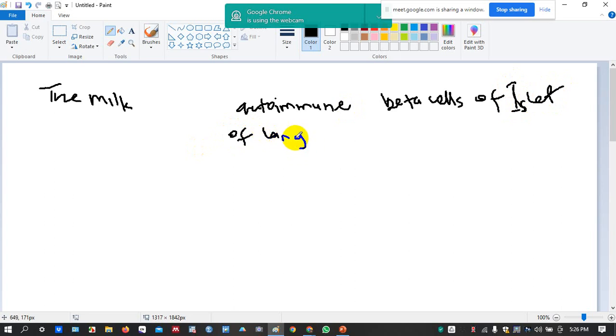The body will produce antibodies against the pancreatic islets or the beta cells of the islet of Langerhans, and this will lead to diabetes type 1, or insulin dependent diabetes mellitus.